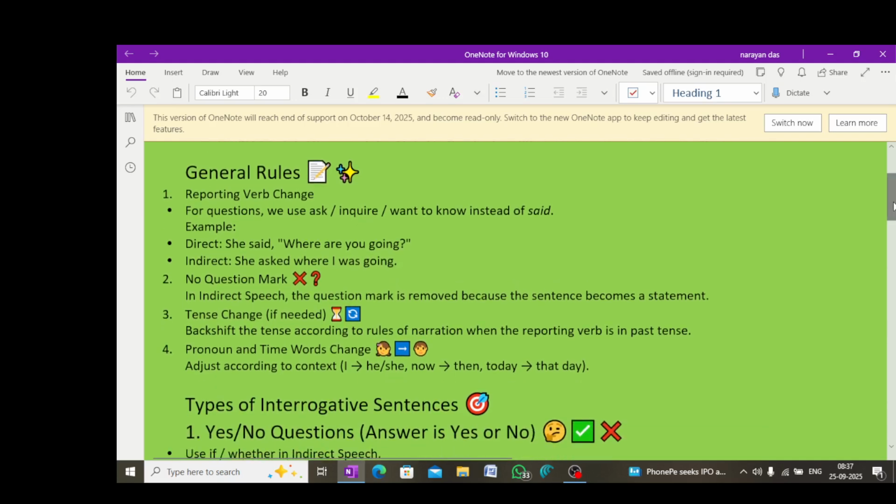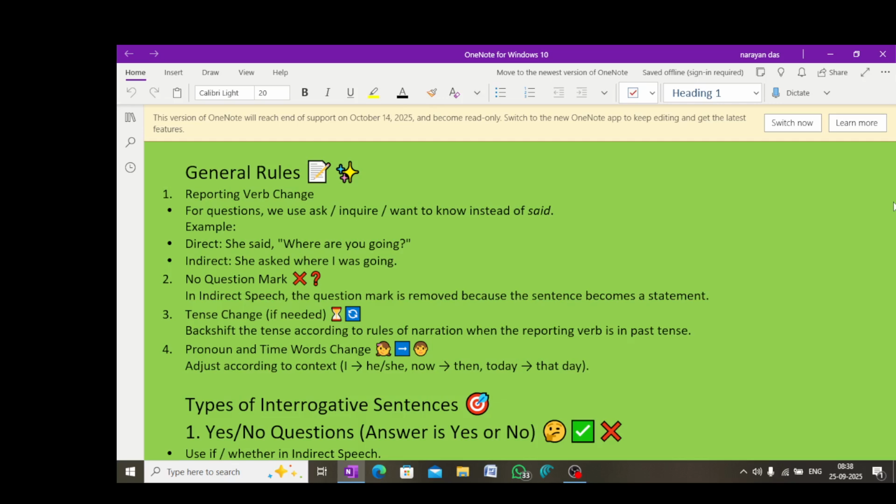Now general rules. First, there is a reporting verb change. For questions we use ask, inquire, want to know in place of said. Example, direct: she said, where are you going? Indirect: she asked where I was going.